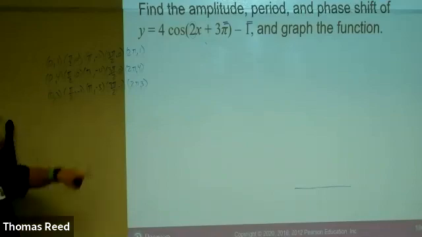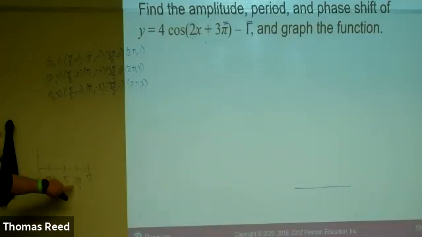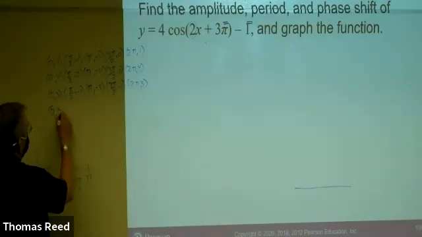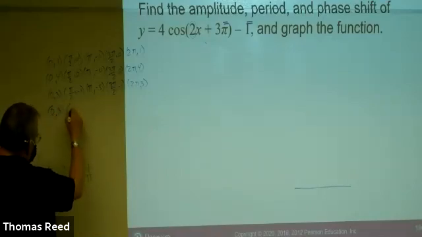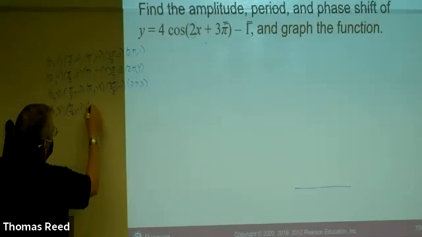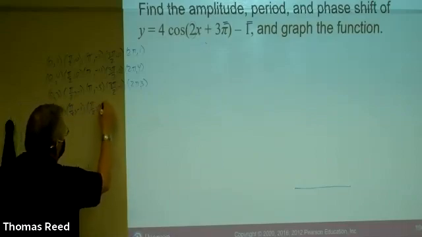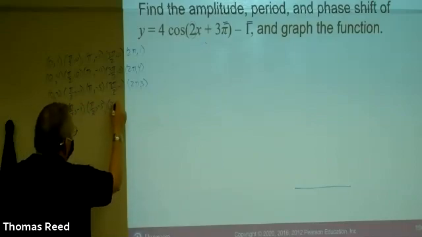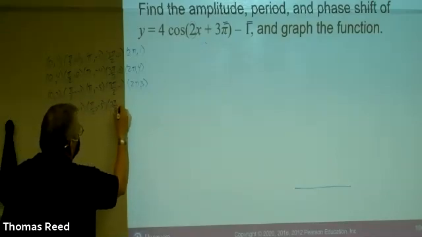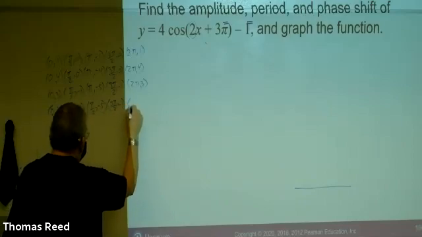So I change my x values by replacing them with 0, pi over 4, pi over 2, 3 pi over 4, and pi. So this point didn't change. This point went down, closer to the y-axis. And this became that. And this is 3 pi over 2. And this is pi.